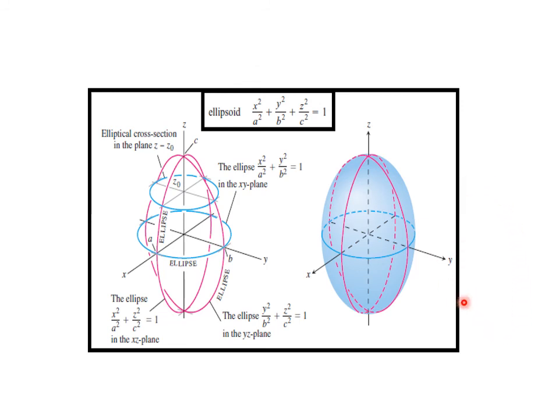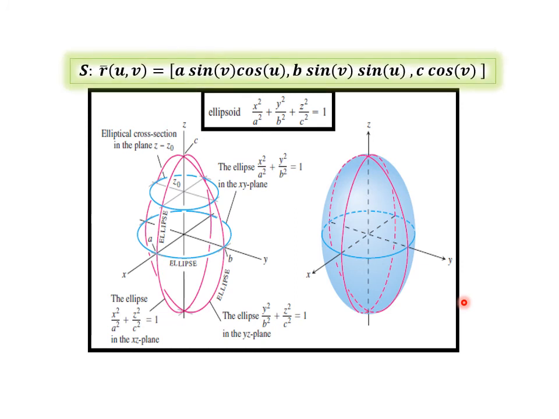To represent this surface ellipsoid in the parametric form, we are preferring spherical coordinate transformation. Here, the parameter rho, which is the radial distance from the origin to the point in space, can move a maximum of a units along the x-axis, b units along the y-axis, and c units along the z-axis.